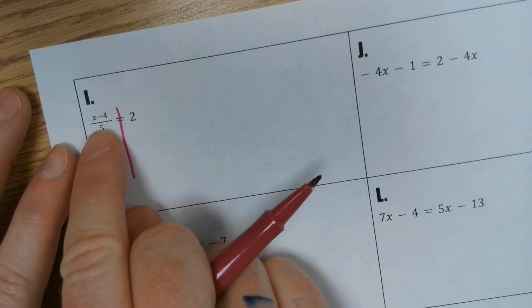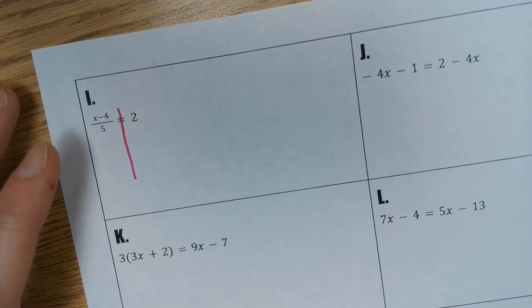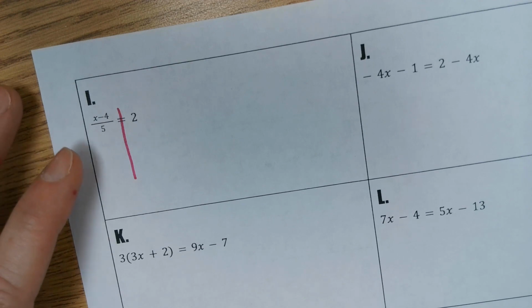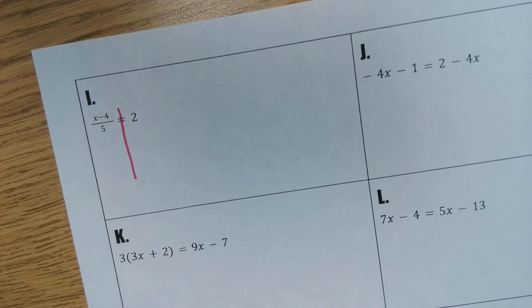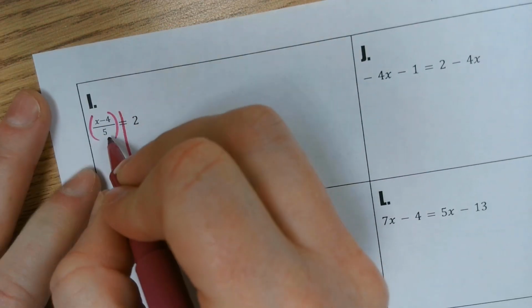We have a fraction to begin with, and everything on top includes a letter and a number. So we actually need to get rid of the fraction completely. The way you can get rid of a fraction is by multiplying everything by its denominator. So we're going to multiply everything by 5.